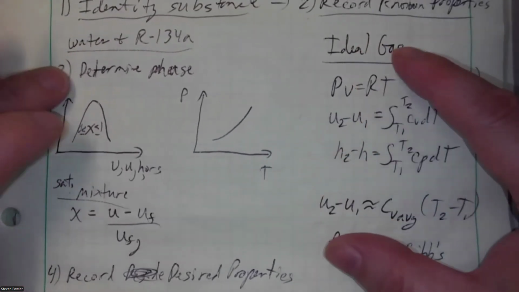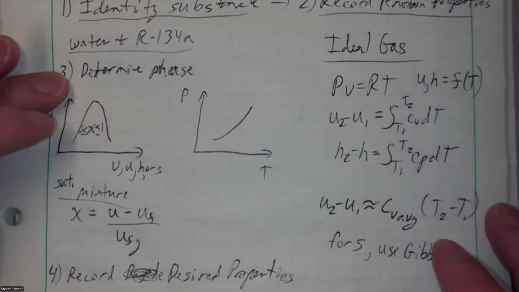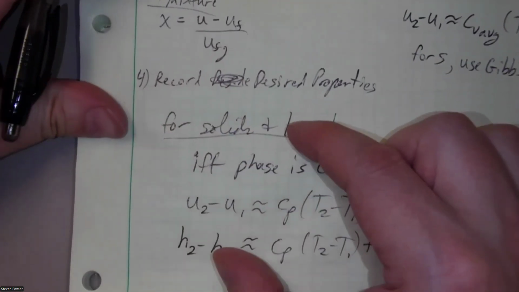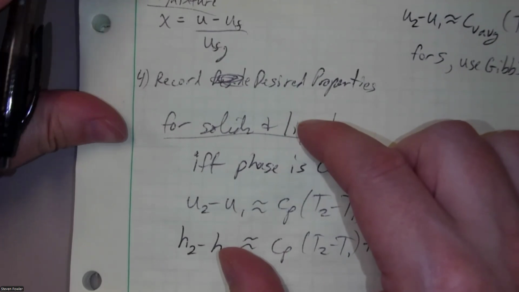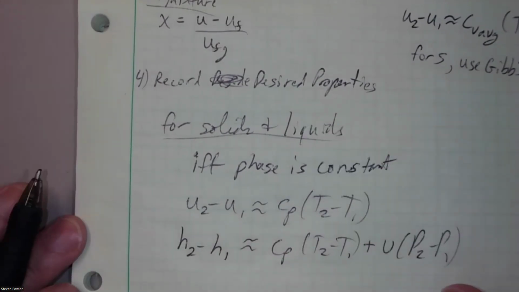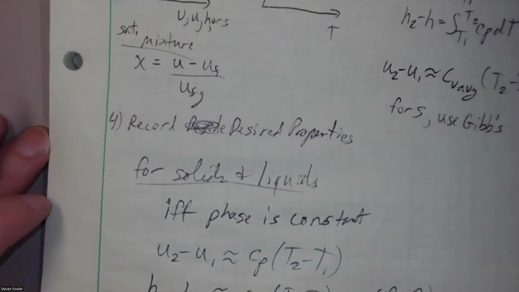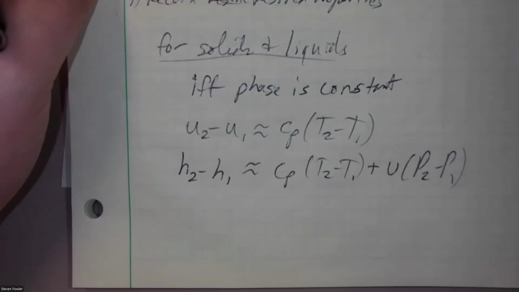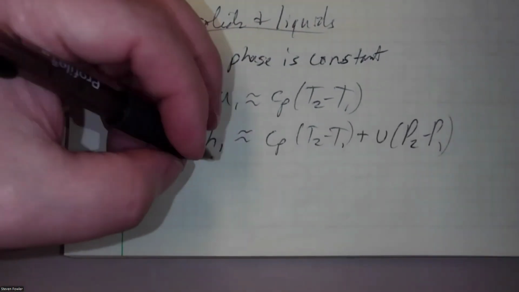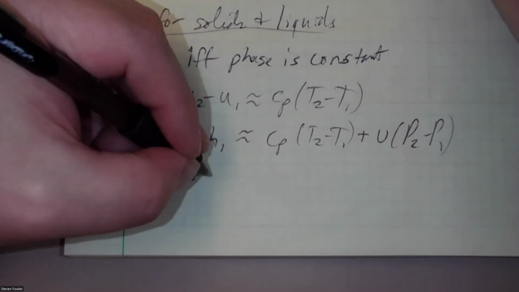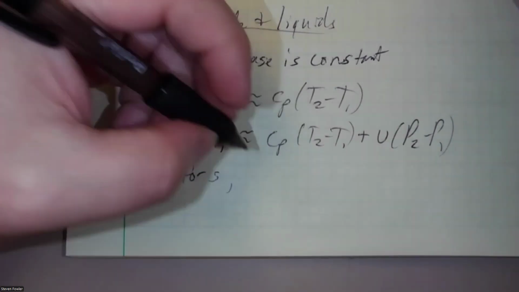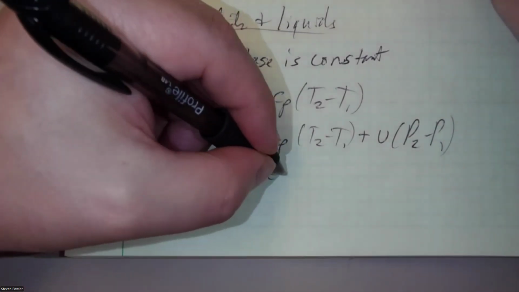This basically replaces step three here, and the same thing down here for solids and liquids. This replaces step three for solids and liquids. Step four is common. After you figure out what you need to know, record desired properties, plug that into first and/or second law equations accordingly. Also, just like with ideal gas for S values, we're going to use Gibbs equation.